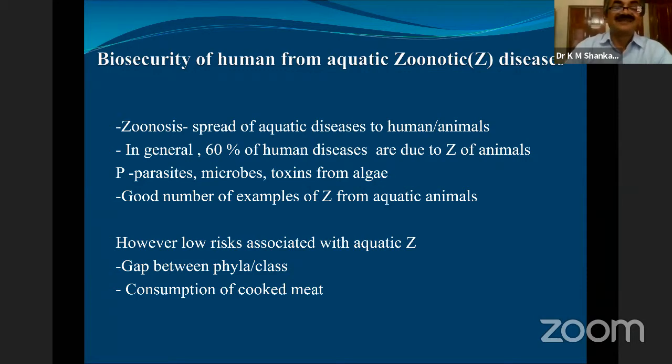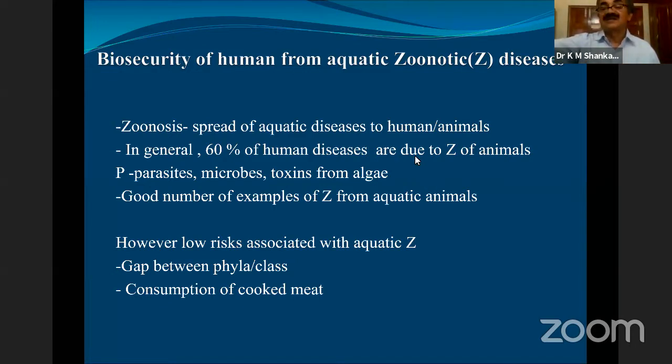But the risk associated with aquatic animals is low for the reason the gap between the lower invertebrates or the lower vertebrates to mammals is too wide. They can't jump easily. A virus can jump easily from bat to human being, both are mammals. A virus can jump from birds to human being, poultry, H1N1, because the gap is not much. For a virus to jump from fish to human being is too much.